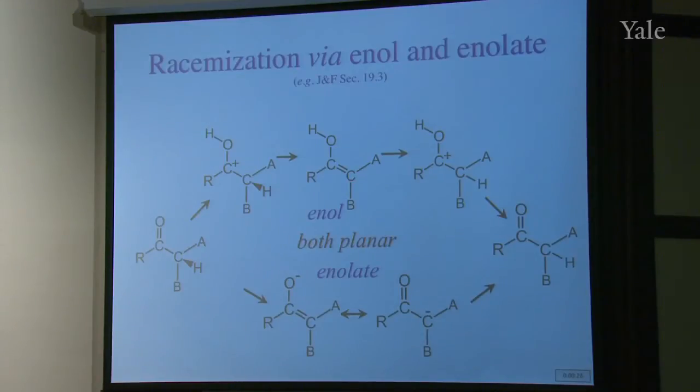Because this thing is planar, it's not chiral. So we've lost the memory of whether the thing was right or left-handed. So it could come in from the back just as easily as from the front, and then we racemize. Either by deuterium exchange or by racemization, you can measure the rate at which enolate is formed and destroyed.